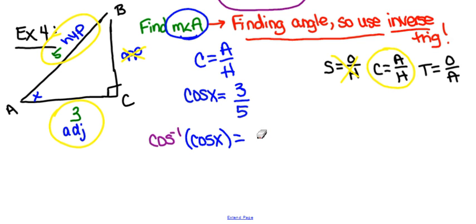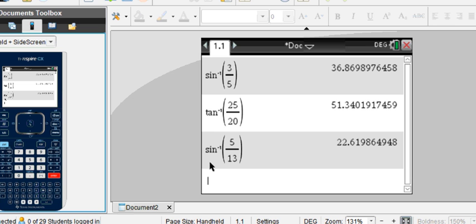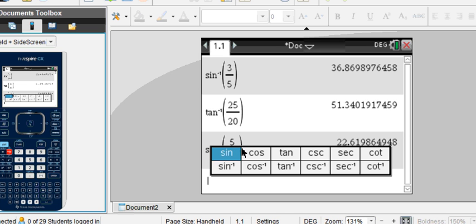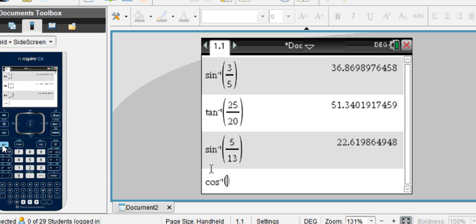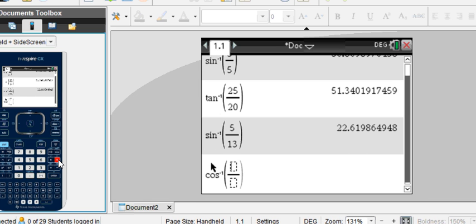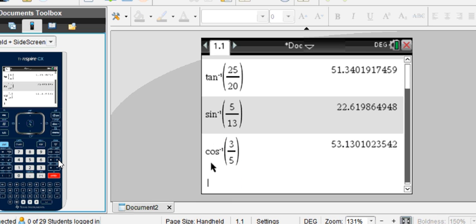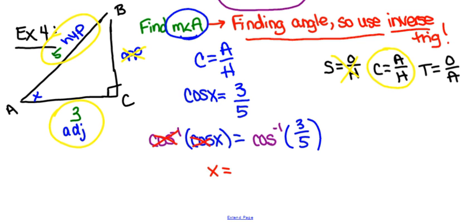On the right side, I've got inverse cosine of that 3/5. So again, inverse cosine and cosine cancel each other out, leaving us with just x on the left side. And on the right side, we've got that inverse cosine of 3/5. Making this about 53.1 degrees.